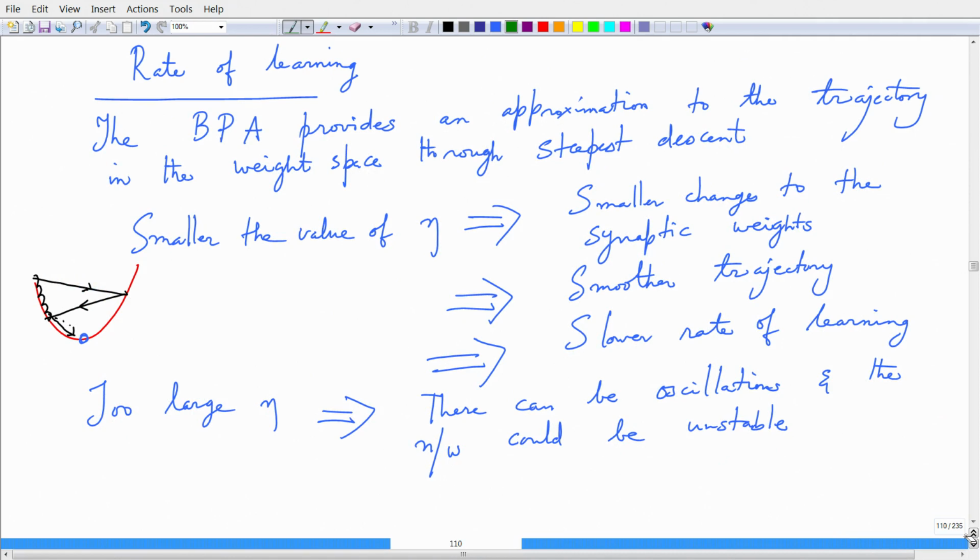So, having discussed the activation functions and how to compute the derivatives of the activation function, let us proceed towards understanding how the learning rate can influence the dynamics of the backpropagation algorithm.